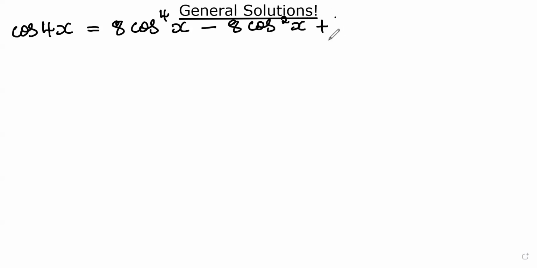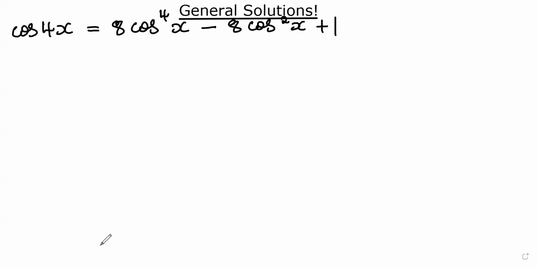They say prove that the cosine of 4x is actually equal to 8 times cos to the fourth power of x minus 8 times cos squared x, and then you say plus 1. So we had to prove this identity in the first question.